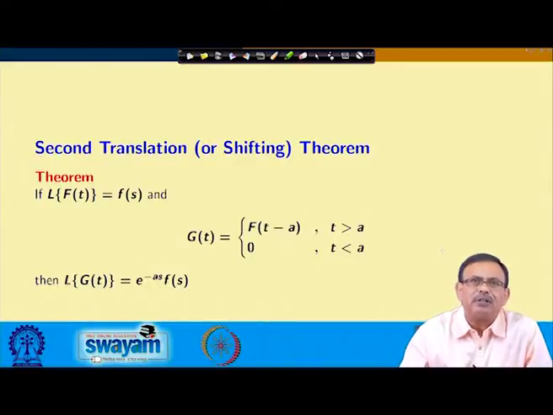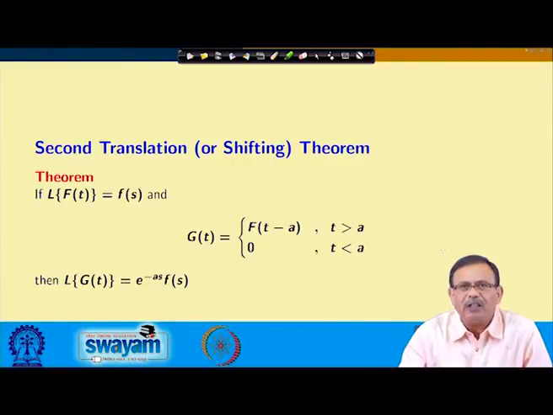The second translation or shifting theorem is, if the Laplace transform of f(t) equals F(s), and if I consider a new function g(t) such that g(t) equals f(t - a) when t is greater than a and is 0 for t less than a, then the Laplace transform of this function g(t) is e^(-as) F(s).